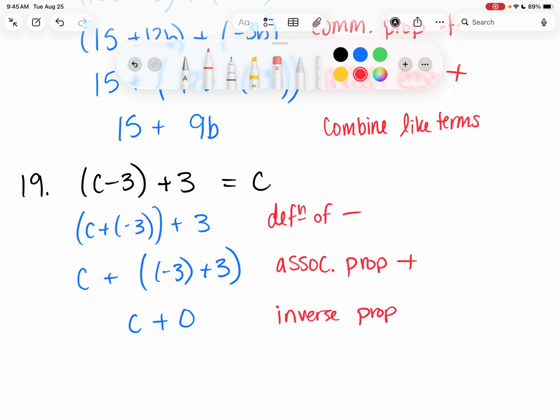And then ultimately, now I can go to saying that my answer is c, which is where I was headed to begin with. And what allows me to do that? It's 0. Identity. Yep. So this is the identity of addition.